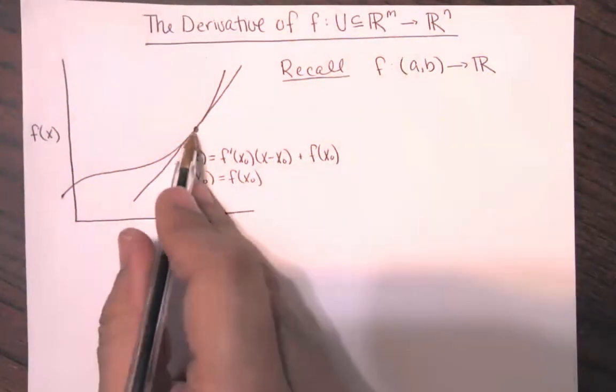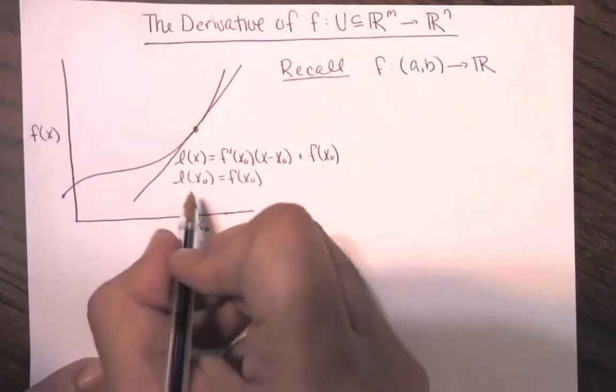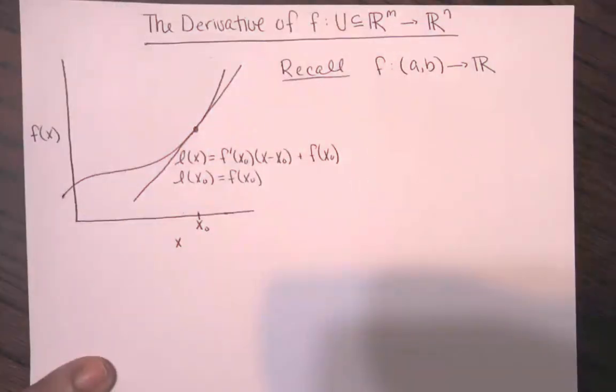We get equality at that point because they're tangential, but L and f have the same slope at that point, which is to say they have the same rate of change, right? If someone runs at approximately the same speed as I and we start at the same time, then they will be close by.